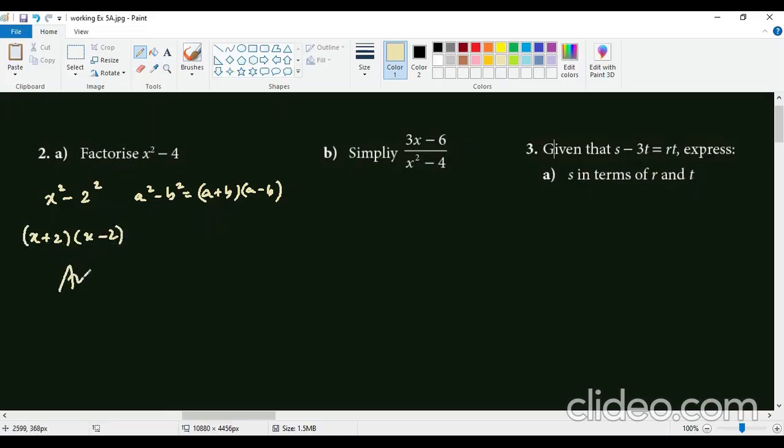This is going to be the final answer. Now when it comes to part B, I know very well 3 is common. So x minus 2 will be the numerator, and down below I will write x minus 2 and x plus 2, and x minus 2 and x minus 2 cancel. So as an answer you will write 3 over x plus 2.